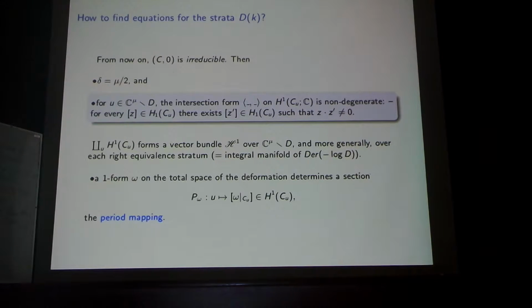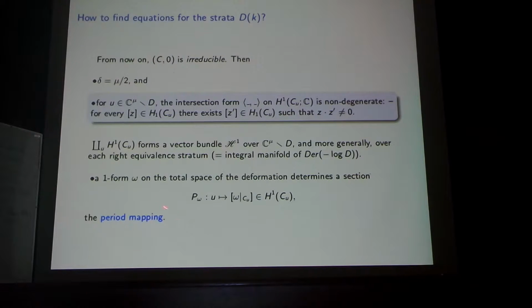And if we take a one form on the total space of the deformation, then this determines a section of the bundle, which we call P sub omega. Simply, to the one form omega, we first of all restrict it to the curve C sub u, the fiber. That is a one form on a complex one manifold, so it's closed, and therefore defines a cohomology class. So it's a very simple procedure.